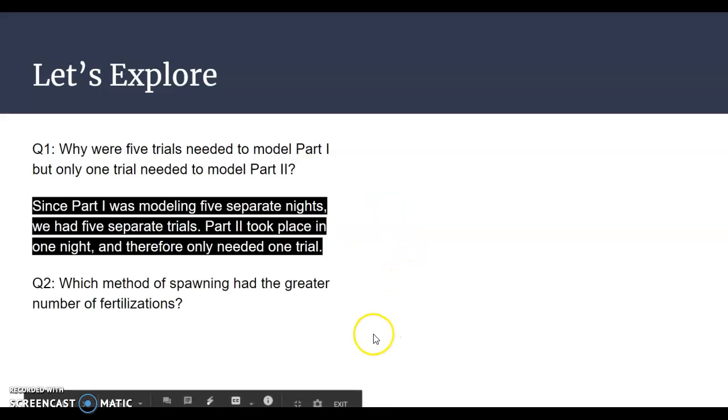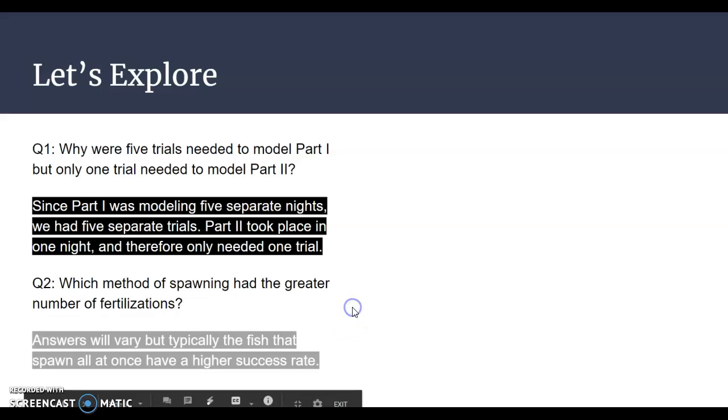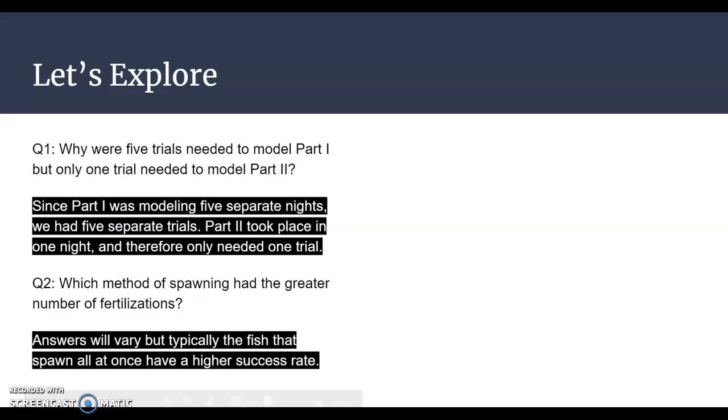So question 2 was, which method of spawning had the greater number of fertilizations? Typically speaking, because I know that your results may have varied, the single event spawning has a higher success rate.